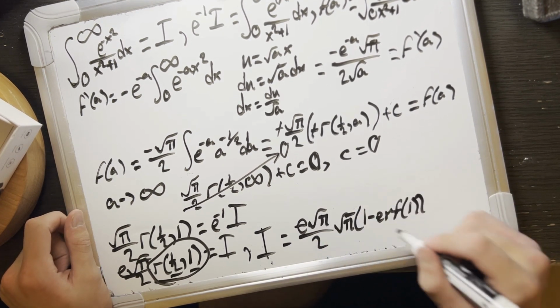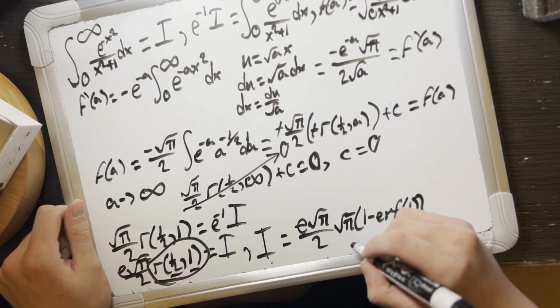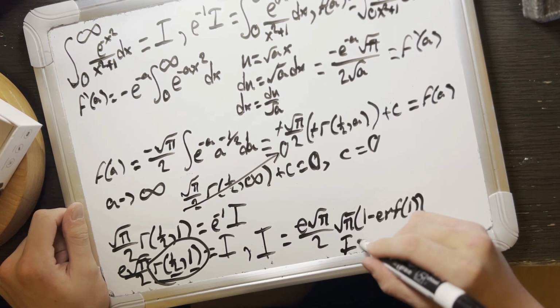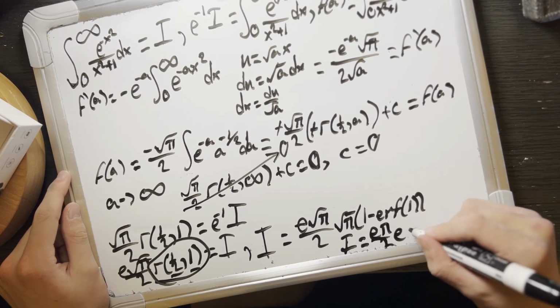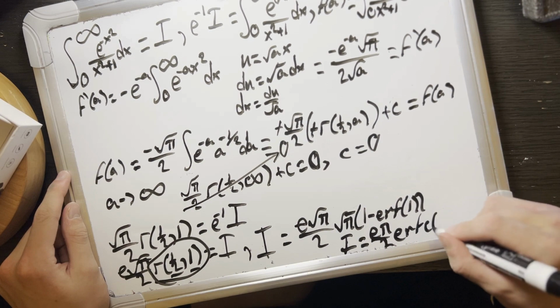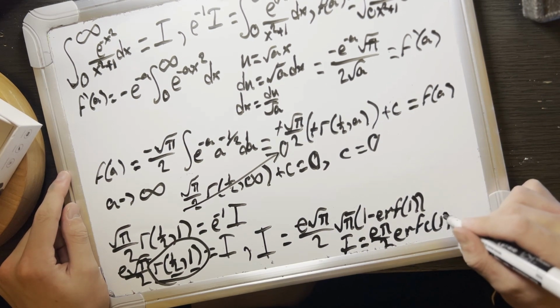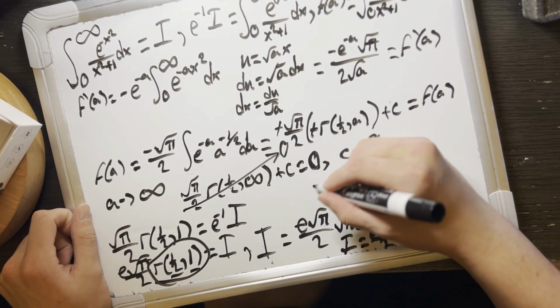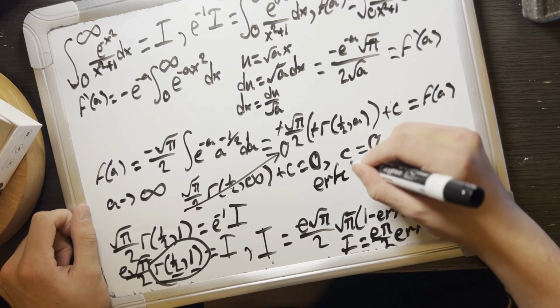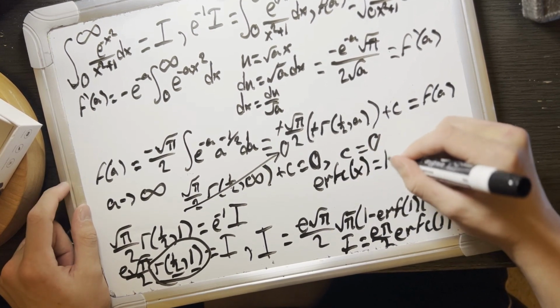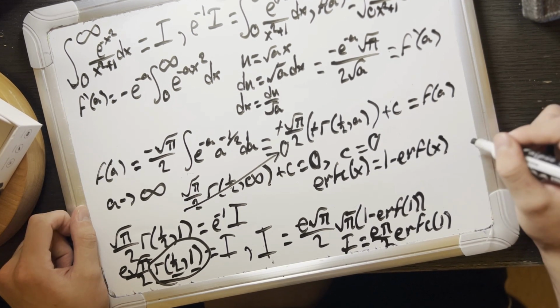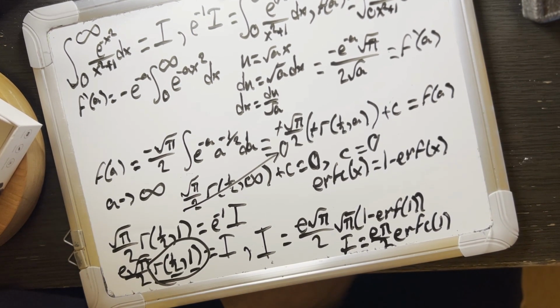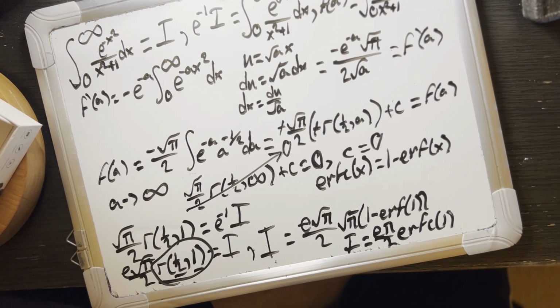Okay, so combine the square roots, and you get I is equal to e times pi over 2 times erfc of 1. Where did I get erfc? erfc of x is equal to 1 minus the error function of x, which is pretty weird, but yeah, that's it. That's a good place to stop, actually, so I'll stop.